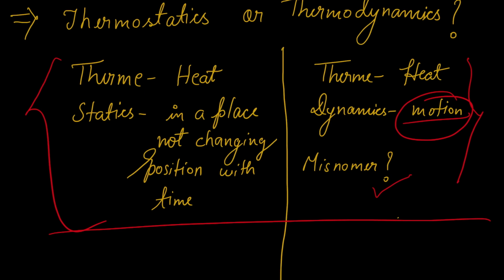So using thermodynamics is not wrong. Still, many people argue that we should call it thermostatics. But since we are talking about real applications, the real world, we cannot say it is thermostatics because that would imply that everything is in thermal equilibrium, which it is not. To achieve a state of thermal equilibrium, it goes through a path of non-equilibrium. That's the reason we call it thermodynamics.